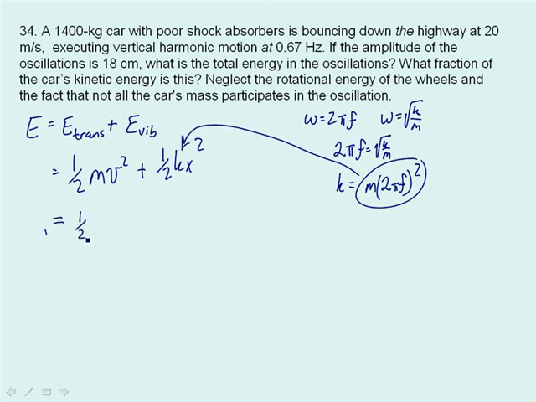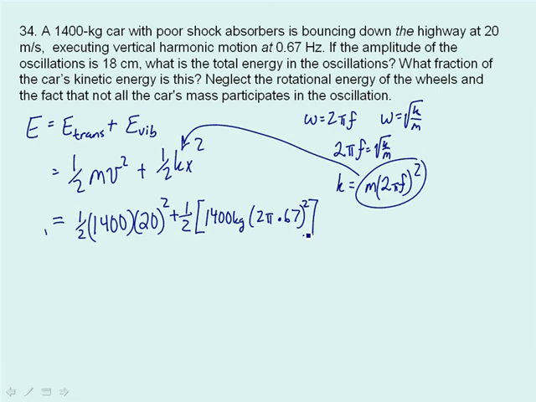So 1/2 times the mass, which is 1400 kilograms, times the speed, which is 20 meters per second squared, plus 1/2 of k, which is m, 1400 kilograms, that's the mass of the car, times 2 pi, and the frequency is 0.67. That term is squared. So that is k, and then x is 0.18 meters.